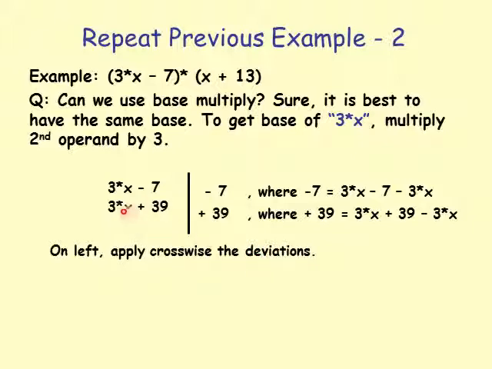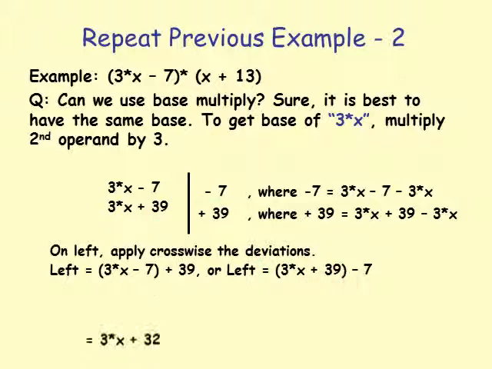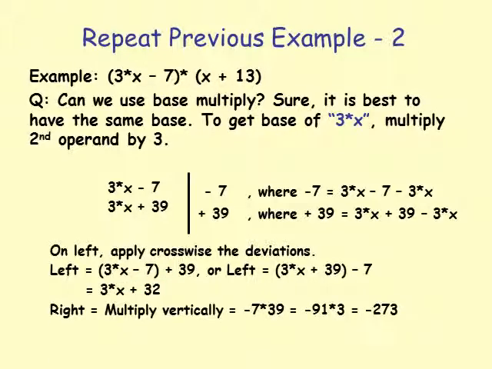On left we apply crosswise, which is 3x plus 39 minus 7, or 3x minus 7 plus 39, which is 3x plus 32. So left is 3x plus 32, and right we multiply vertically, which is minus 7 times plus 39 is minus 273.